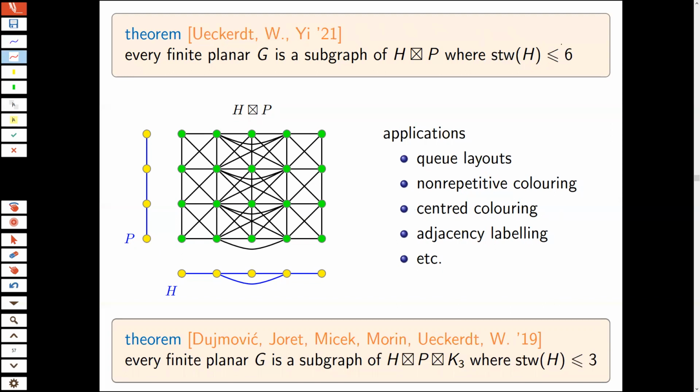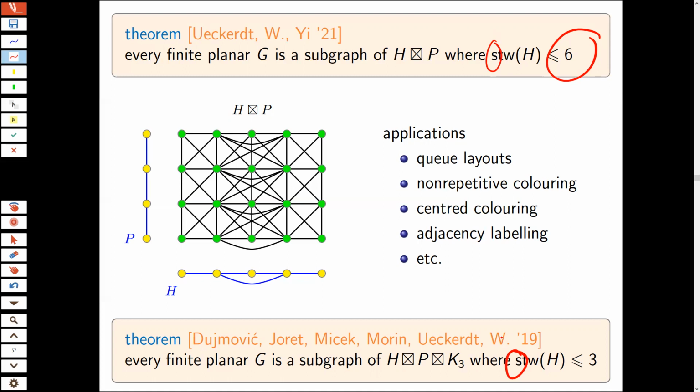There was a follow-up paper by Torsten Ueckerdt, David Wood, Wendy Yi, and myself, where we improved the upper bound from 8 to 6, and we also showed that you can do it with something called simple tree-width, which I won't go into. It suggests a slight strengthening of the notion of tree-width. And this theorem down the bottom here also has simple tree-width. In fact, in all these theorems, the graph H is planar, as well as having bounded tree-width, because H will be a minor of G.